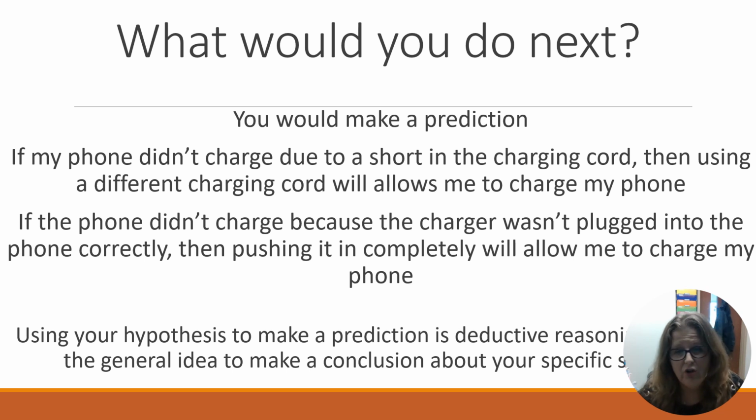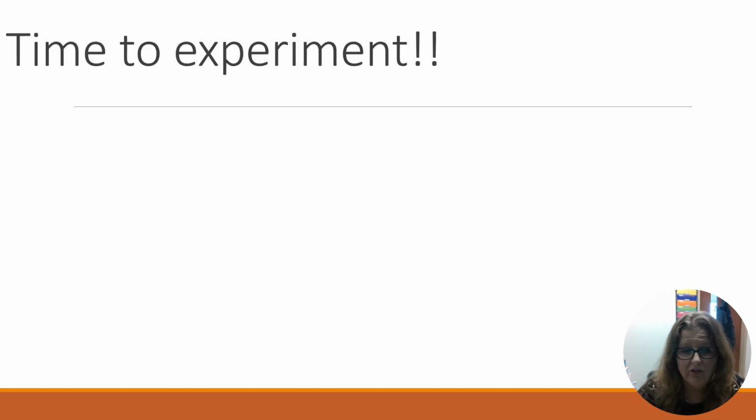Or if the phone didn't charge because the charger wasn't plugged into the phone correctly, then pushing it in completely will allow me to charge my phone. So using your hypothesis to make a prediction is deductive reasoning. You're making a conclusion about your specific scenario, the specific circumstances here.